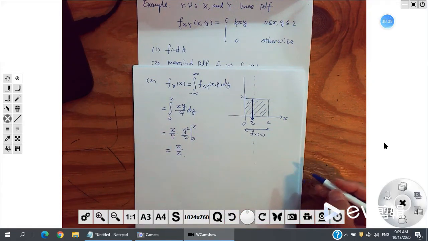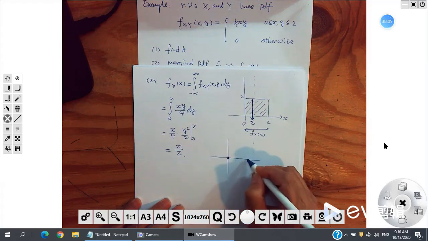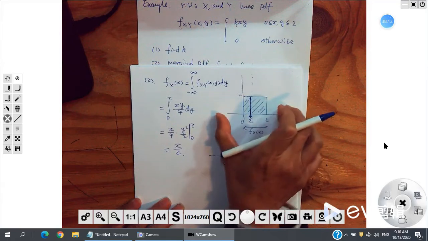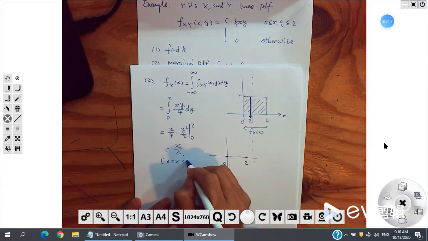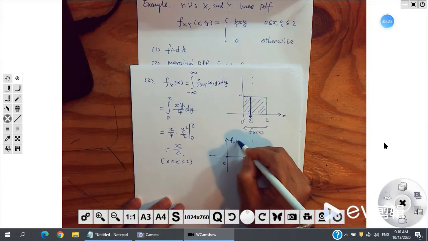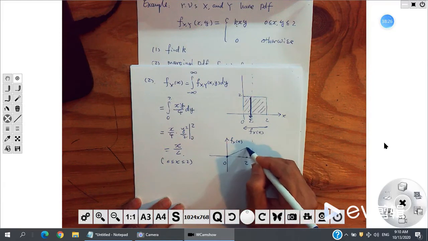Okay, now you can double check. You can see f of x is from 0 to 2, just from 0 to 2. Outside it should be 0, so 0 smaller than x smaller than 2. This is f of x, half of x, like this.